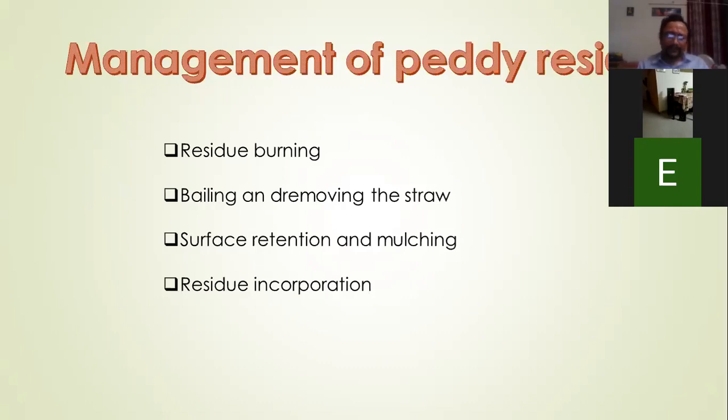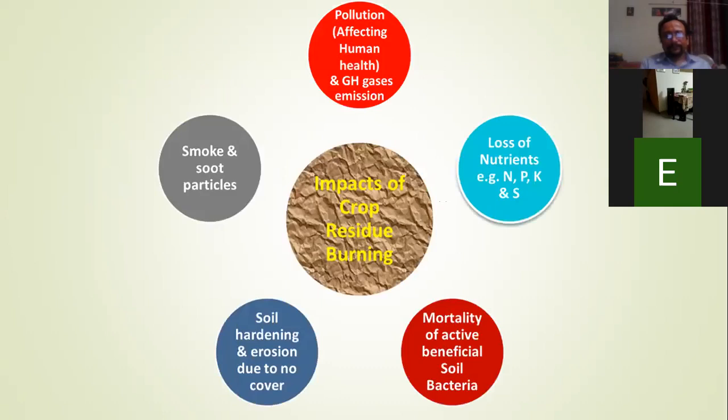This is the most acceptable method: residue incorporation, when we incorporate the residues into the soil by the rotavator machine or another instrument. It will decompose in the soil and increase the fertility of the soil after decomposition by microorganisms.